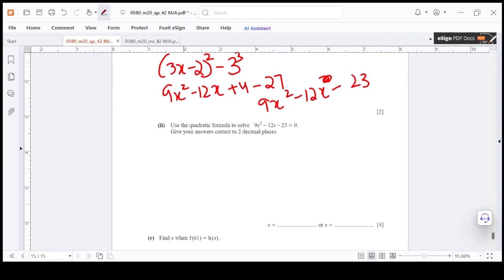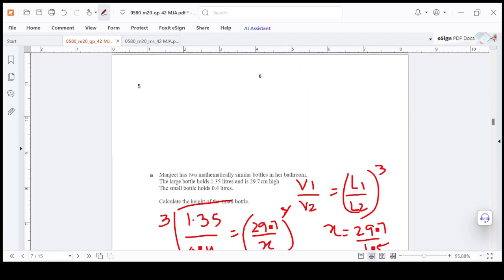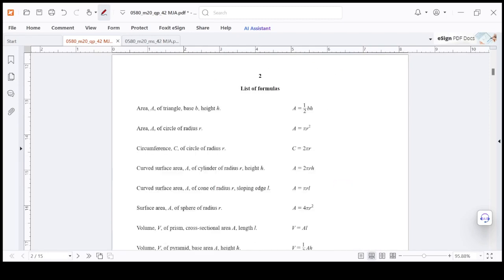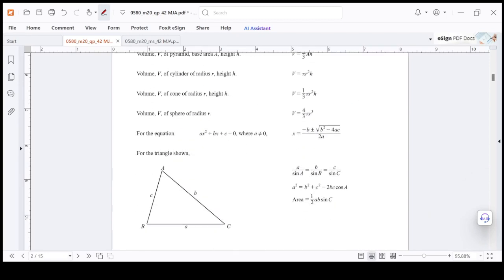Use the quadratic formula to solve this. So the quadratic formula is minus b plus minus square root of b squared minus 4ac, over 2a. It's also given in the formula sheet. Hopefully, let's check. Yeah, right here. Okay.